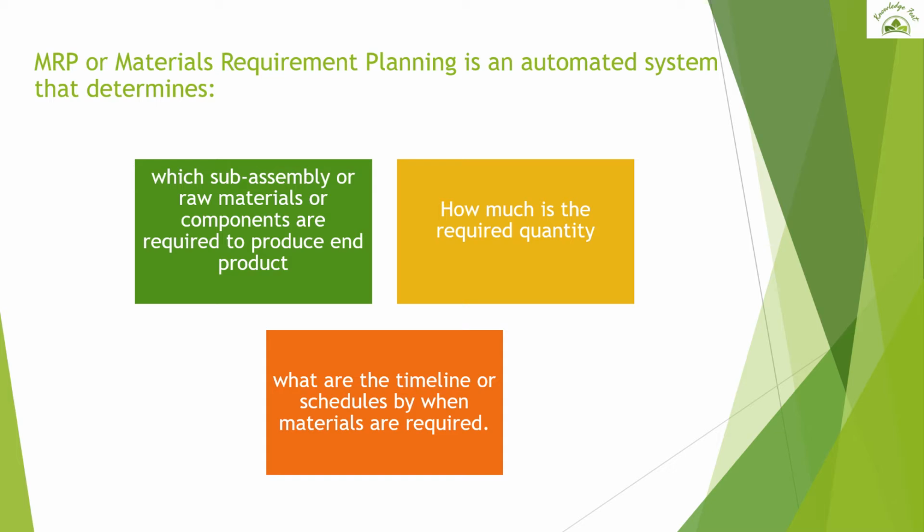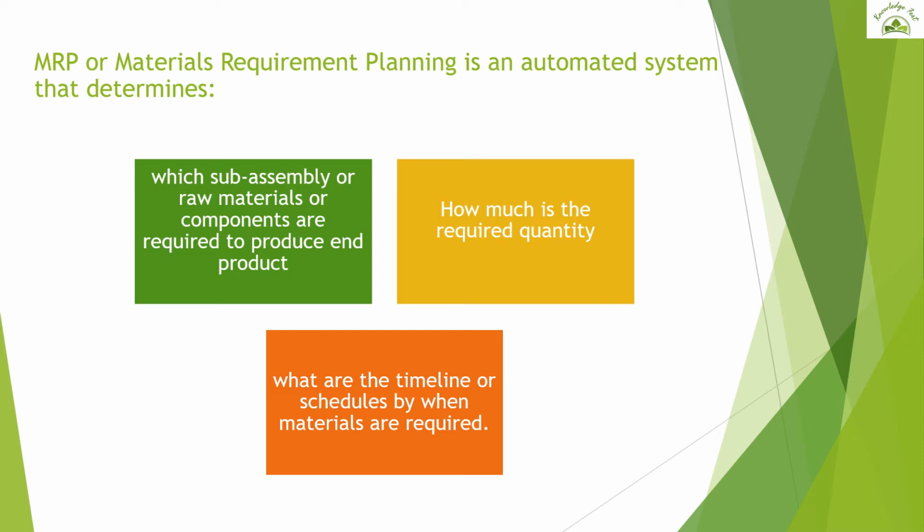Certainly, it will involve certain cost, for example, inventory carrying cost, holding cost, etc. In that way, it will increase the operational cost, and if the operational cost is increased, profit will be decreased. So that's a problematic situation for the company.